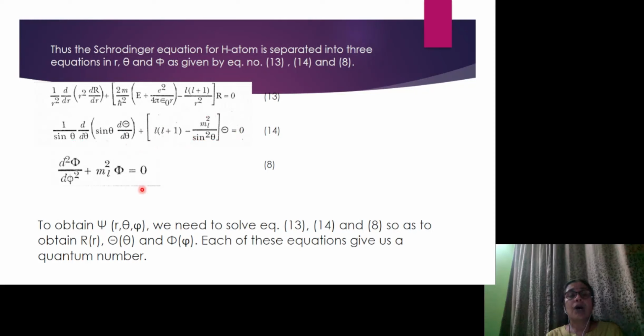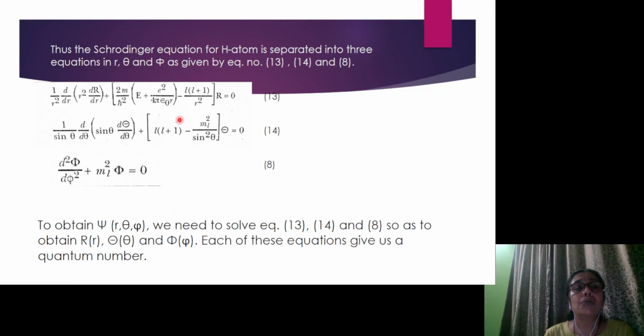Afterwards we will solve and we will see that each of these equations gives us a quantum number which is important for the knowledge of the energy values of the electron in the hydrogen atom.